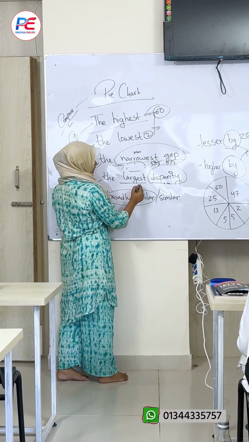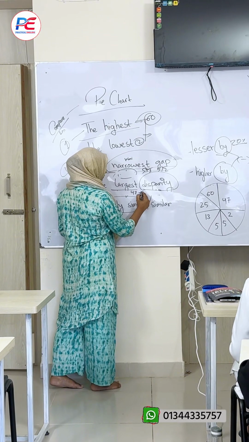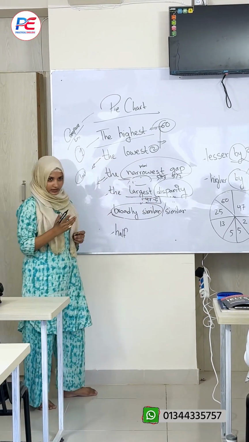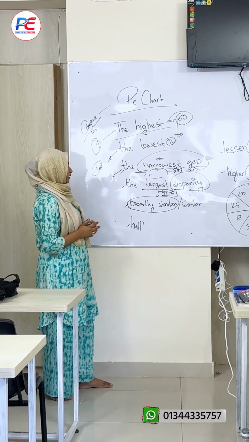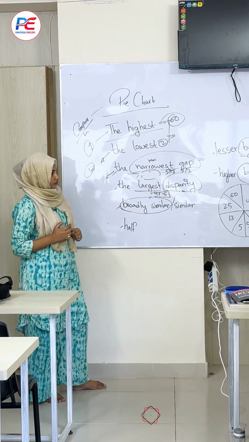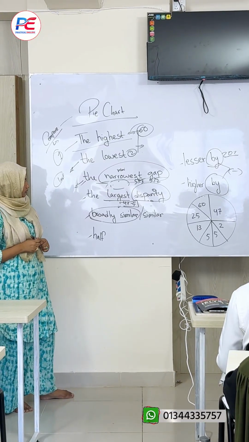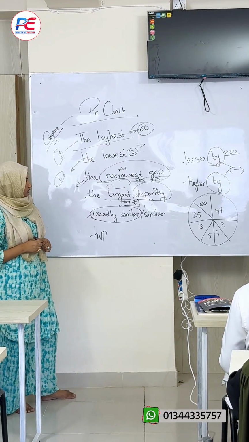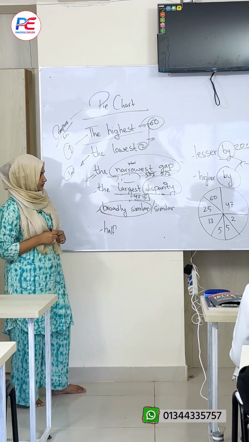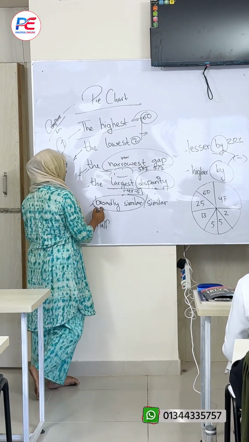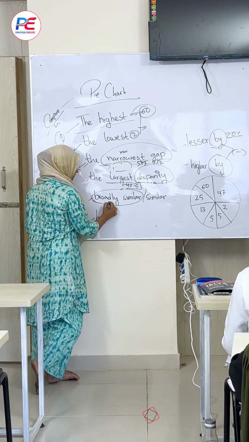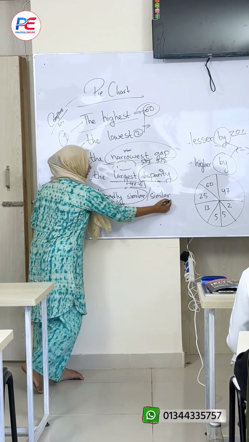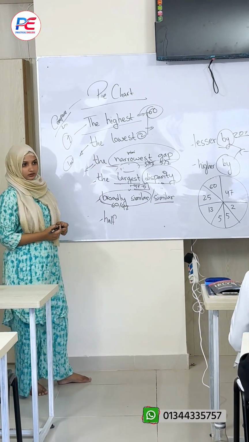47 and 5. The largest one, right? The big gap. Okay. Broadly similar, very close. 47 and 60. Yes, we can say 60 and 47. What about the similar? 5.